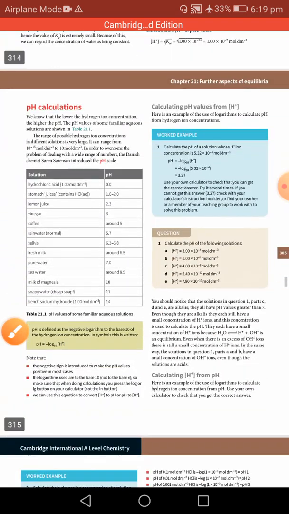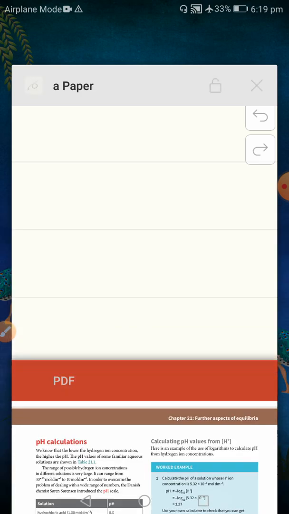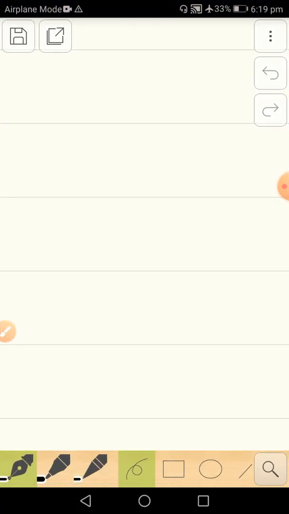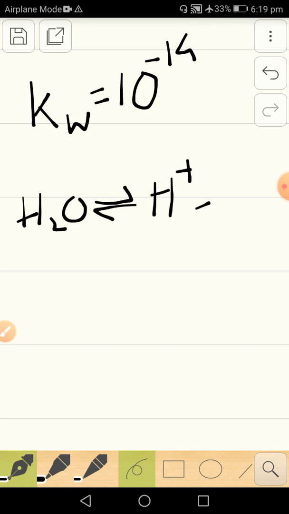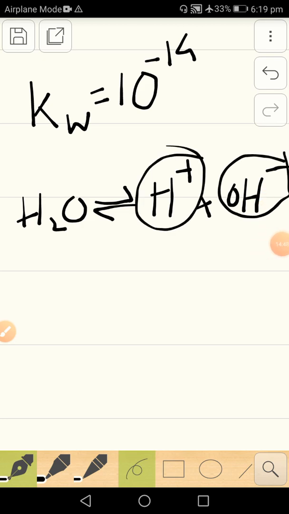Now let's find the pH of neutral water or distilled water. Here we go, we have Kw having the value of 10 to the power minus 14. Now if H2O undergoes reversible ionic dissociation, then it produces equal amounts of hydrogen ion and hydroxide ion.